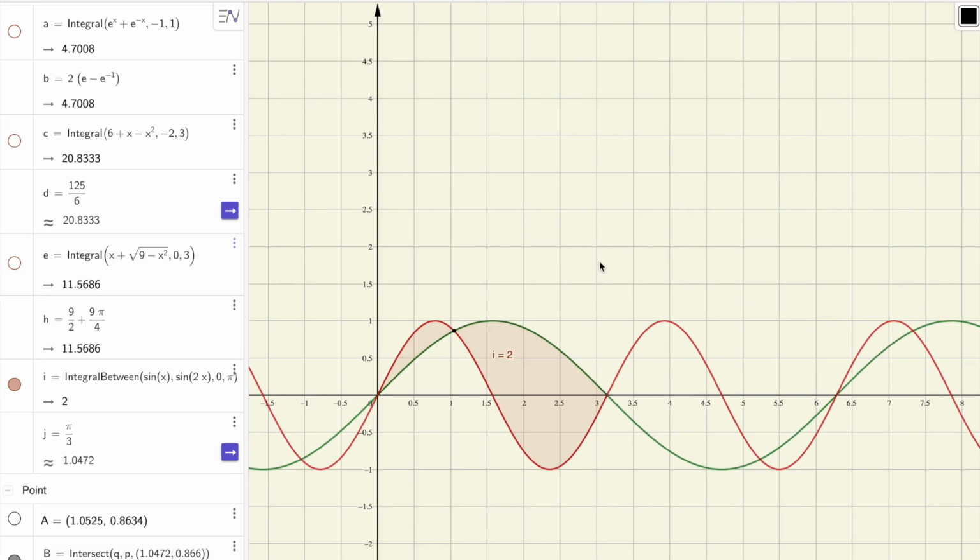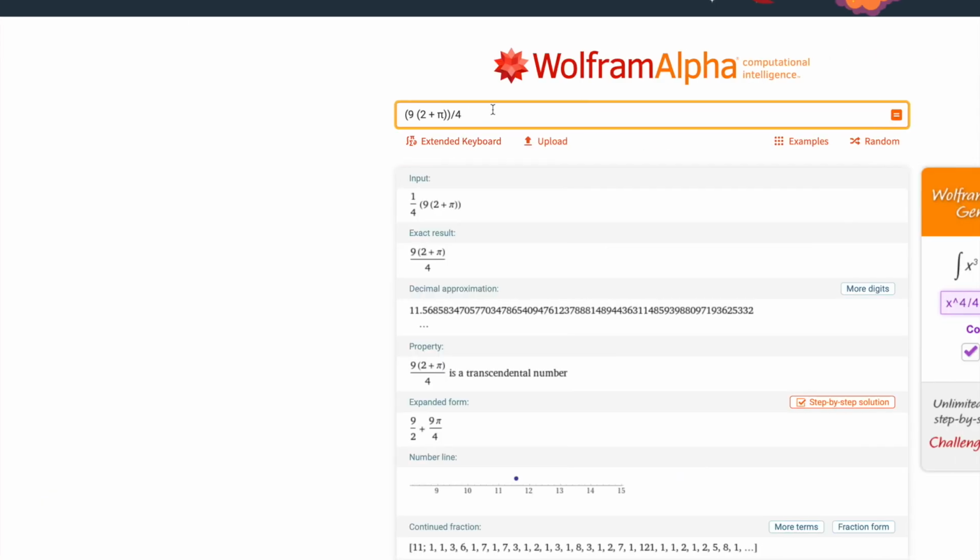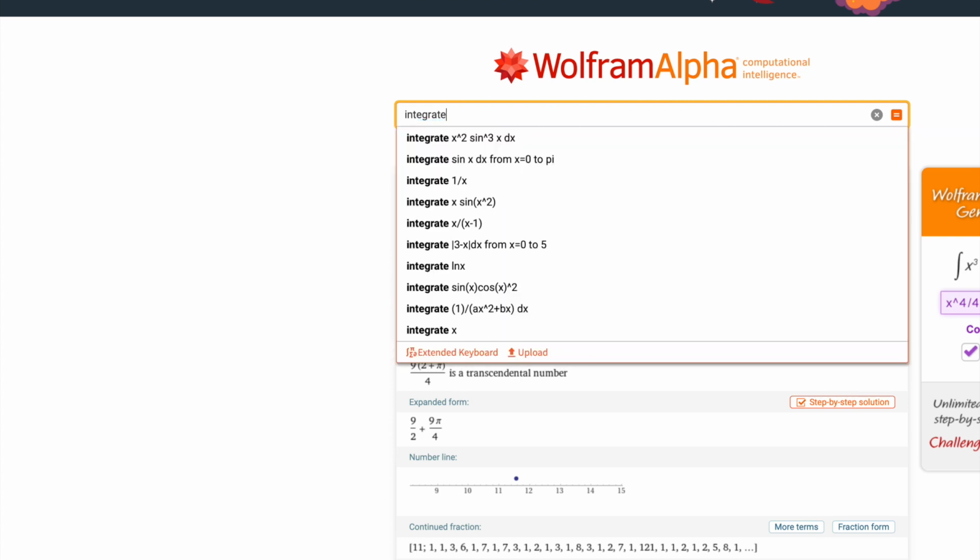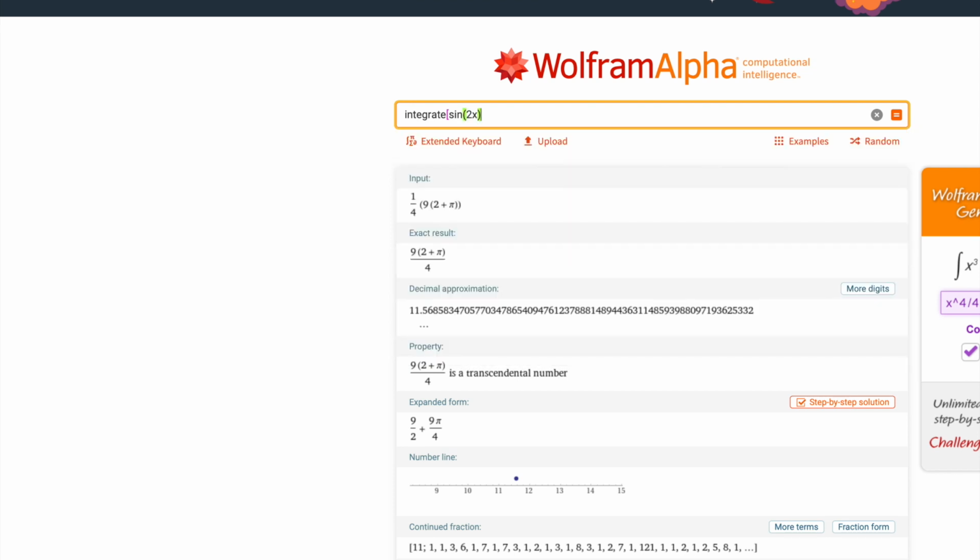Yeah, okay. So let me calculate the integrals. Integrate. What was the first one? Sine of 2x minus sine of x, and then x goes from 0 to pi over 3.